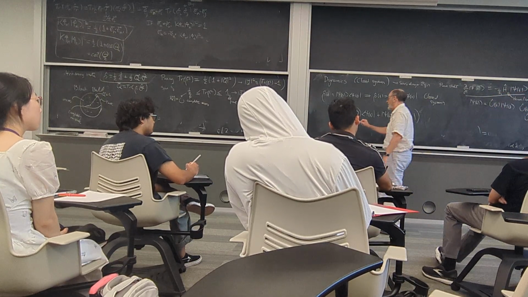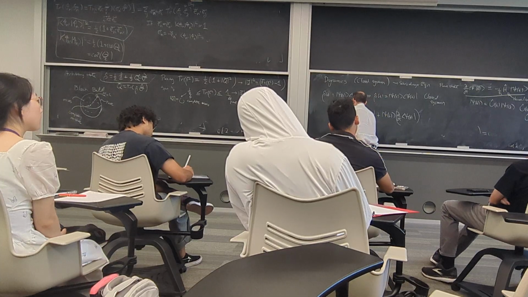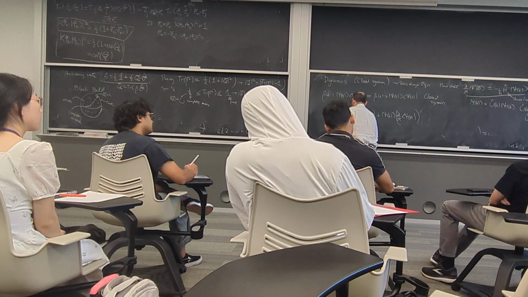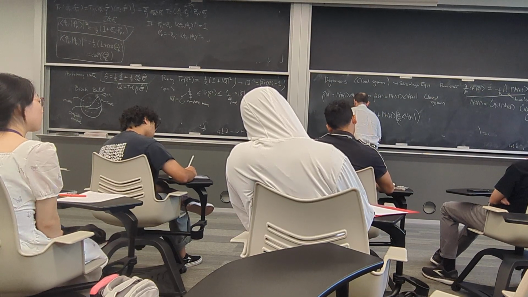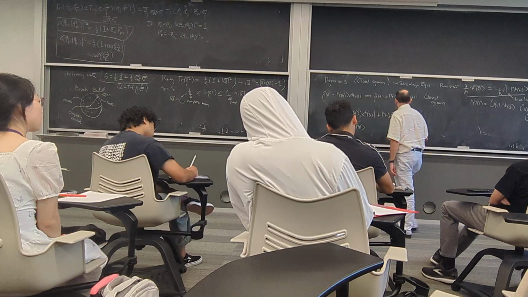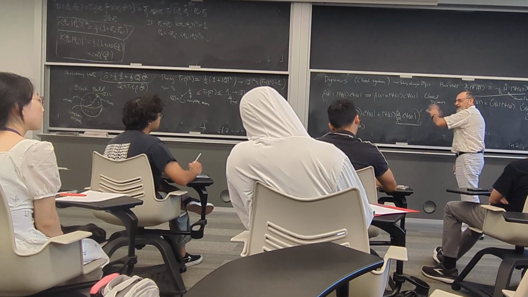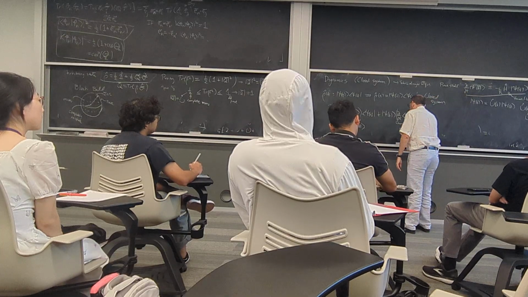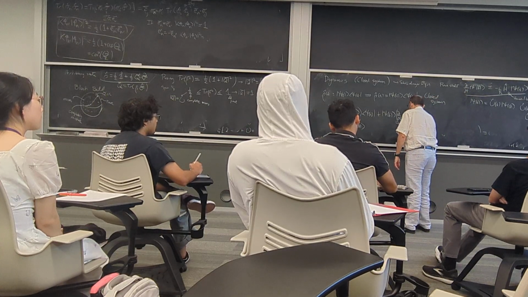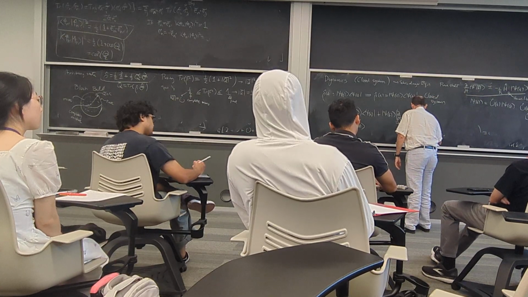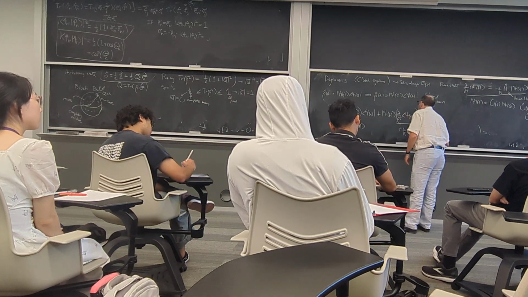This is minus i over h bar H psi. What is this? Well, it's the bra of that. So it's plus i over h bar bra H dagger, but H is Hermitian.